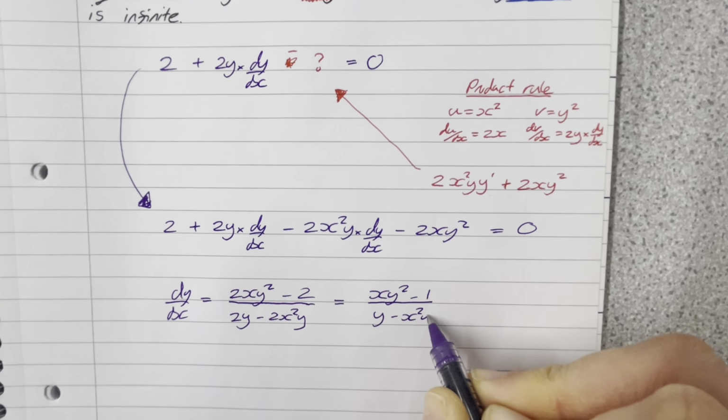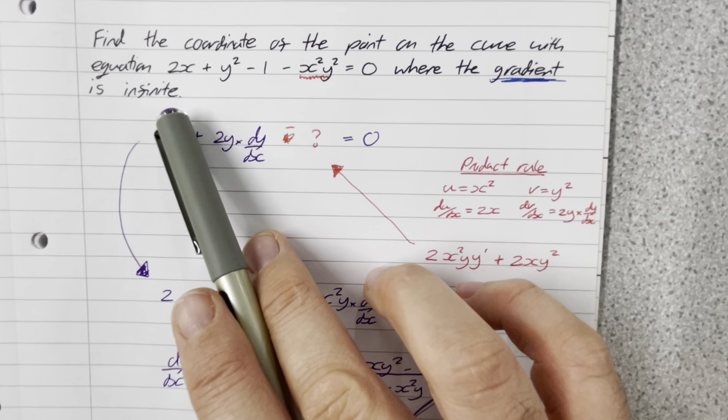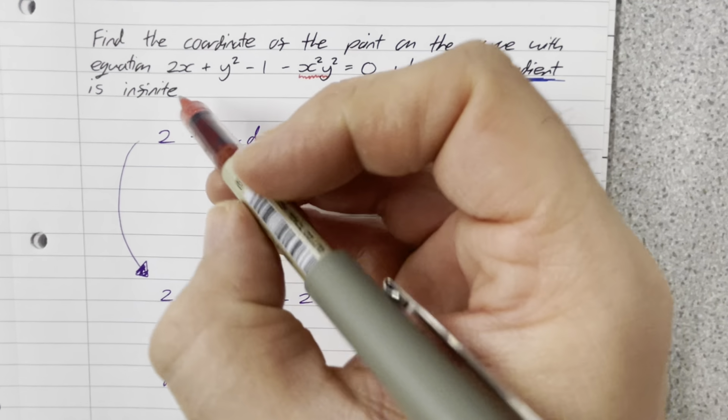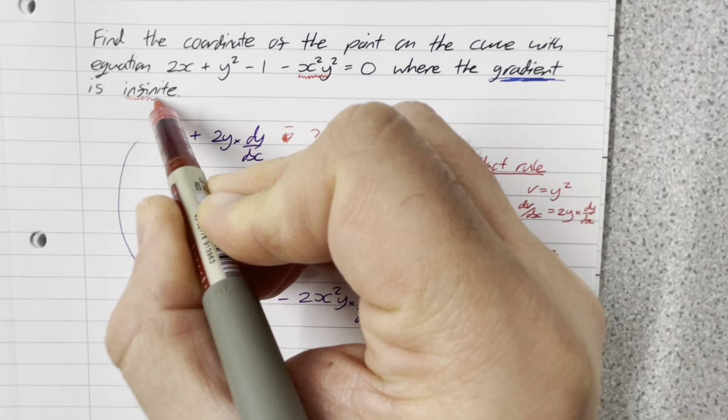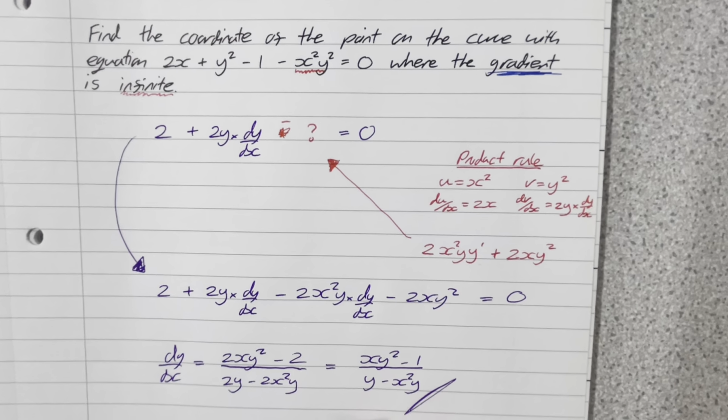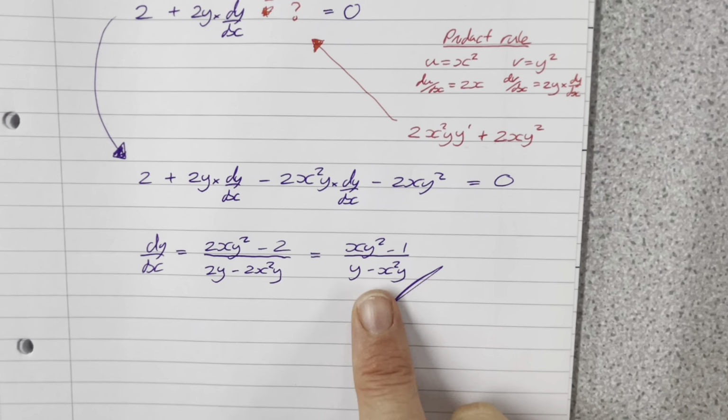Now back to the question. Find the coordinate of the point on the curve where the gradient is infinite. Now we don't have an infinite gradient in explicit differentiation, but in implicit differentiation this is possible. So an infinite gradient occurs when the bottom is going to be 0.